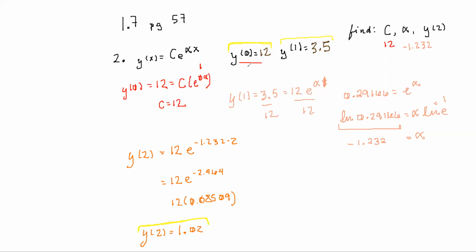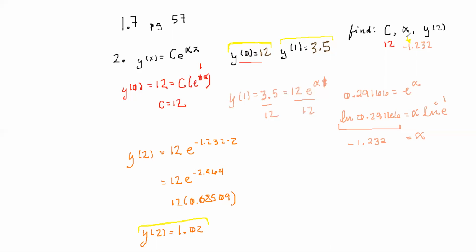So y of 0 is greater than y of 1, which is greater than y of 2. And so that makes sense. We have decay here. And alpha is negative, so that makes sense also with the decay. So everything here makes sense. So we can feel confident that we at least approached the problem in the right way.